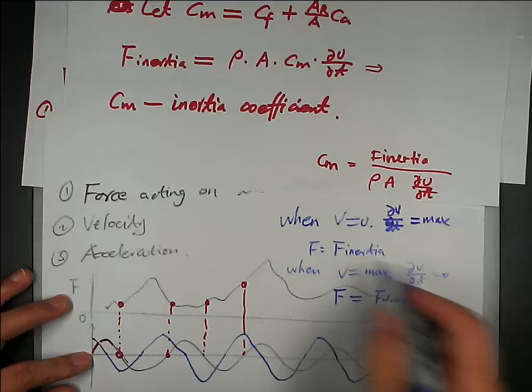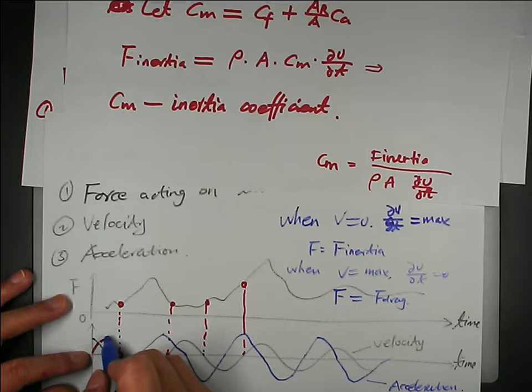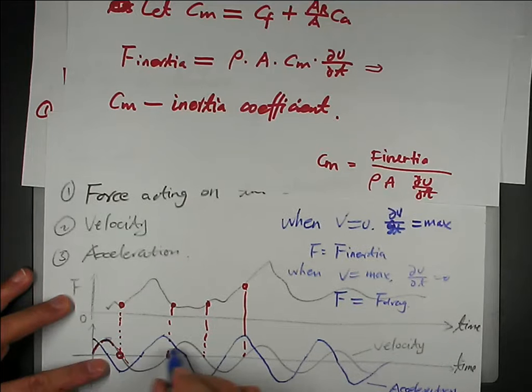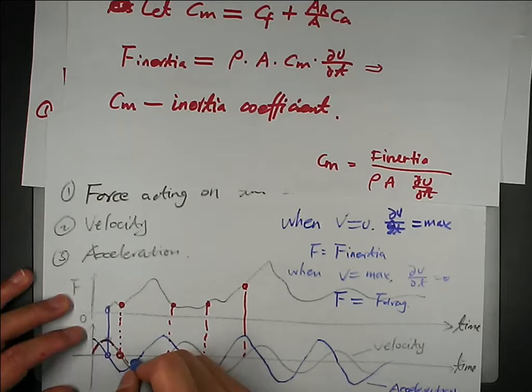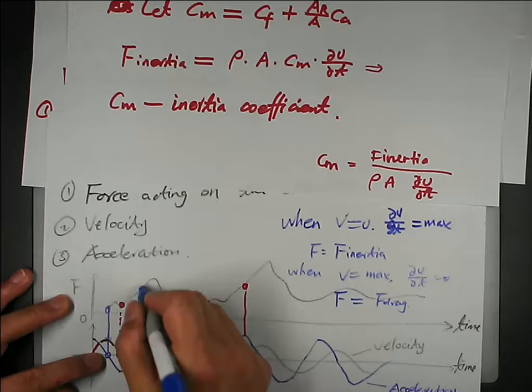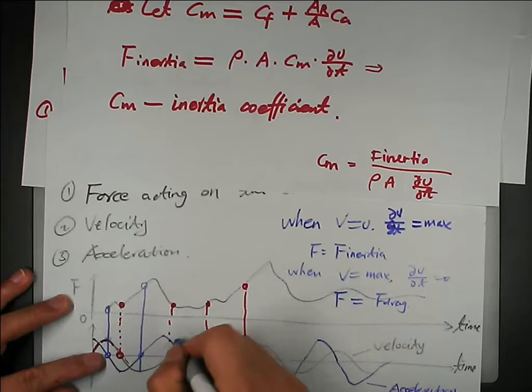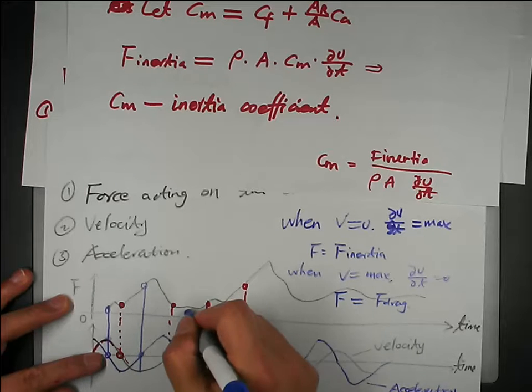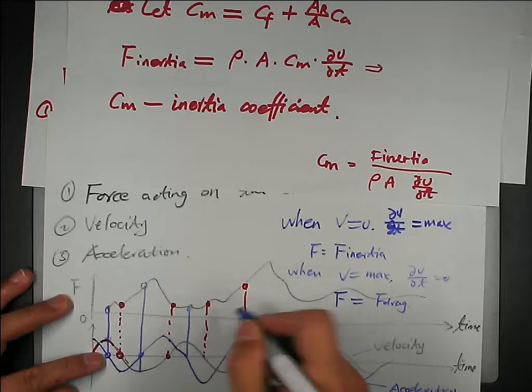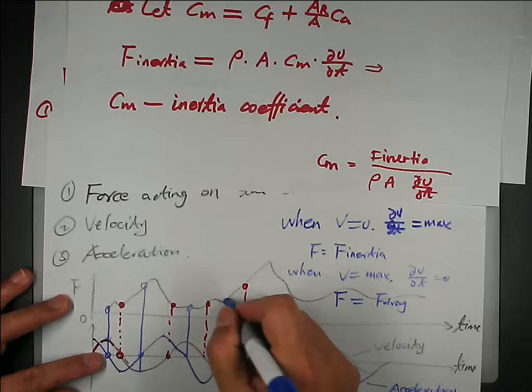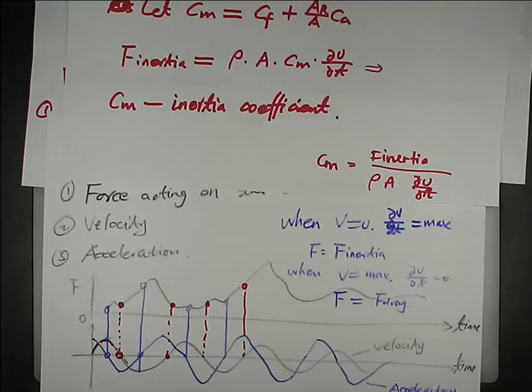So when the velocity is maximum, the acceleration is 0, then this is the drag force. You can read the number of the drag force, calculate the expected value, and then compare the series.